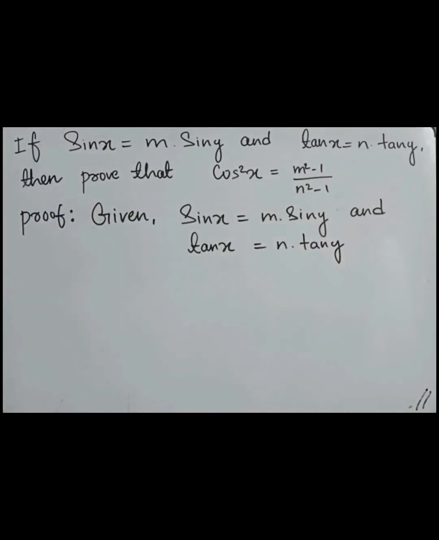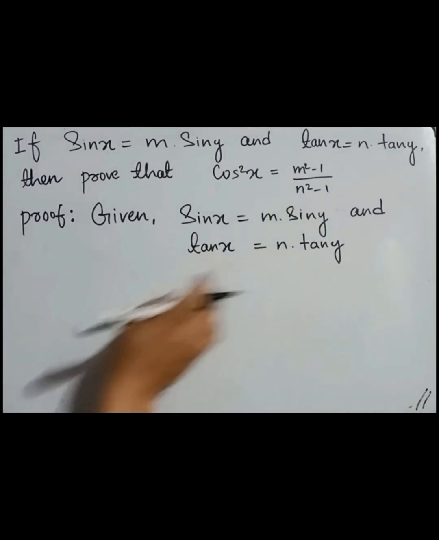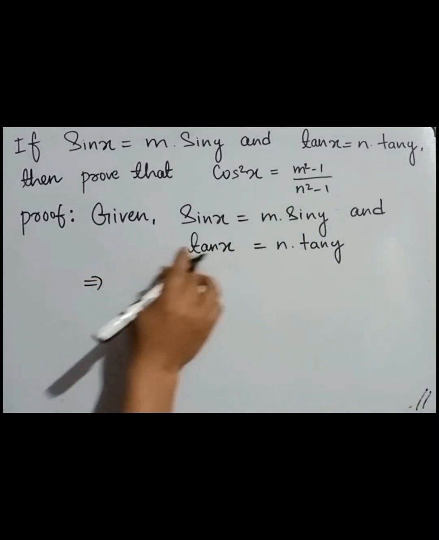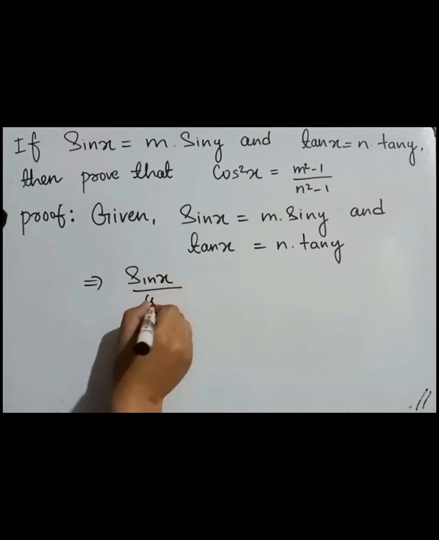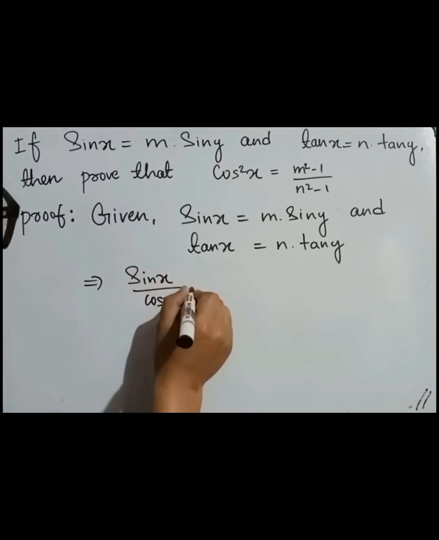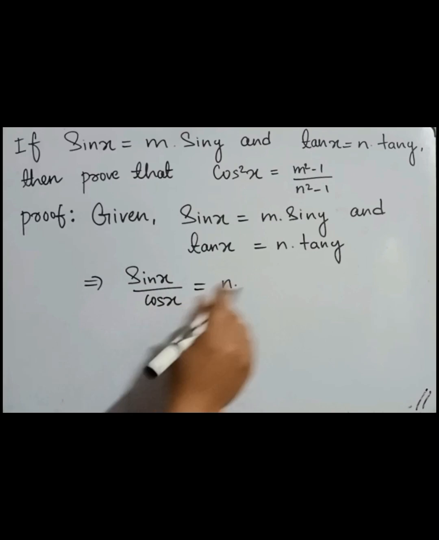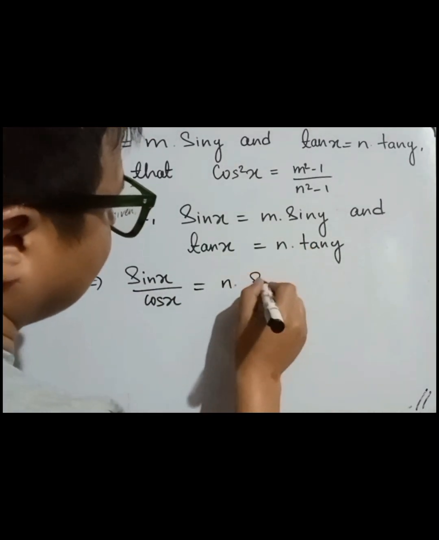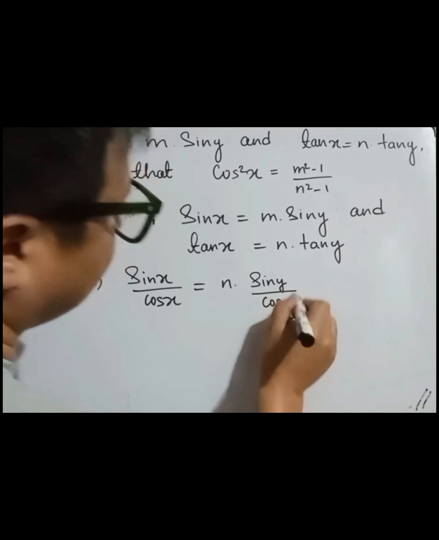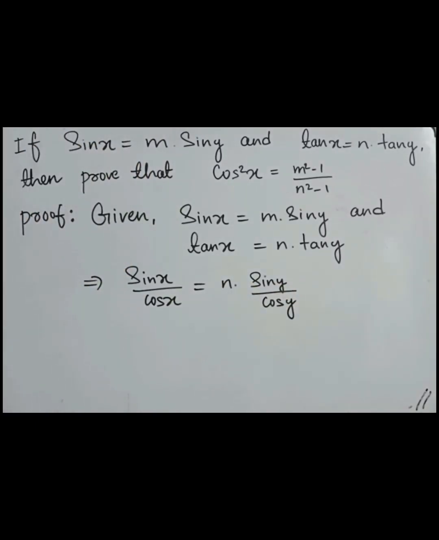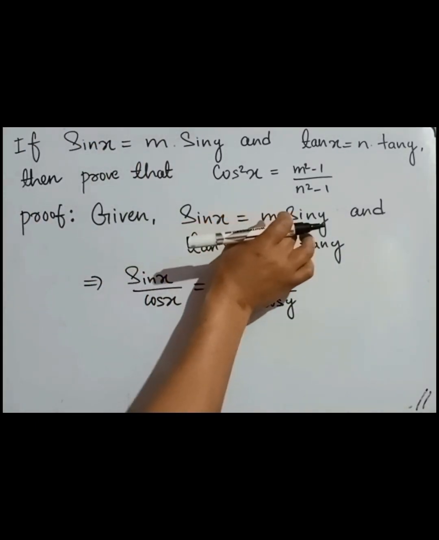Now we can simplify the second part, tan x is equal to n tan y, and this gives, for tan x we can write sin x upon cos x, in the right hand side, n into, for tan y we can write sin y upon cos y, because sin theta upon cos theta is tan theta.